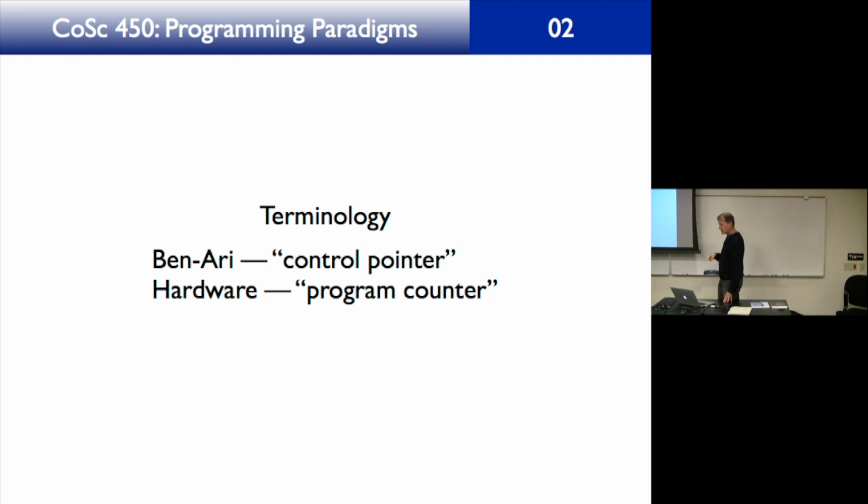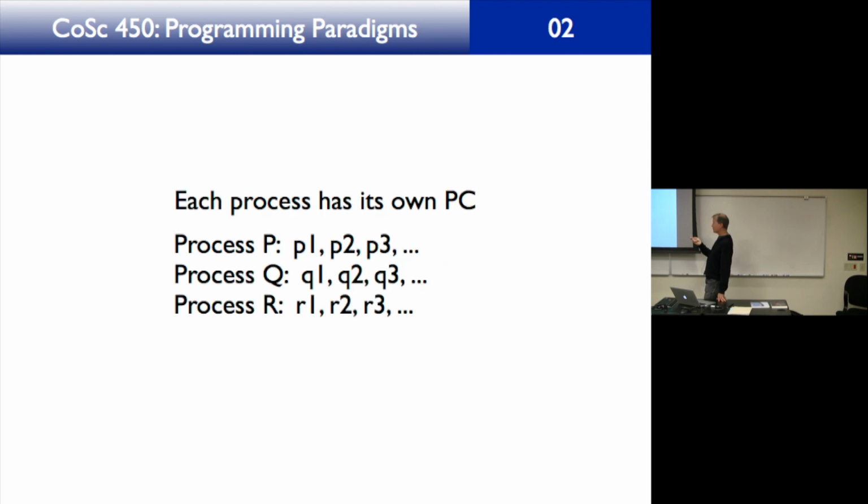Okay. So now, here is an example of three processes. We're going to call them P, Q, and R. Process P, process Q, and process R. What this listing illustrates is you can imagine that process P is executing a program, and in the program listing, P1 is the first instruction, P2 is the second instruction, and P3 is the third instruction, and so on.